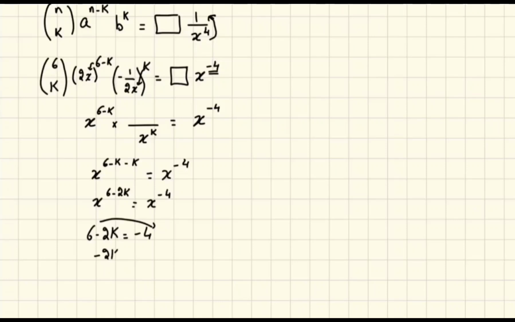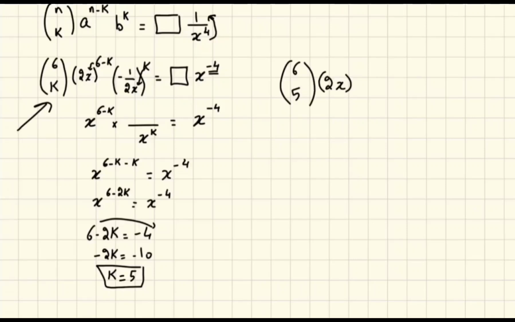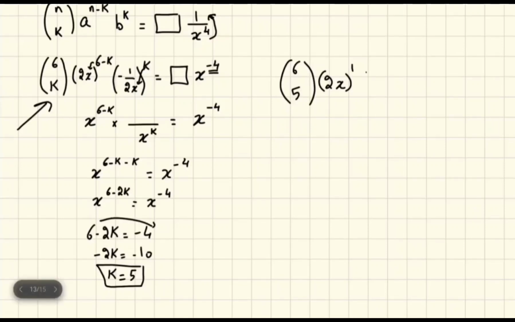Solving for k, minus 2k will be minus 10. So k in this case will be positive 5. Now, knowing that k is 5, I will replace it here. So 6C5, 2x exponent 6 minus 5, which is 1, multiplied by minus 1 over 2x exponent 5.